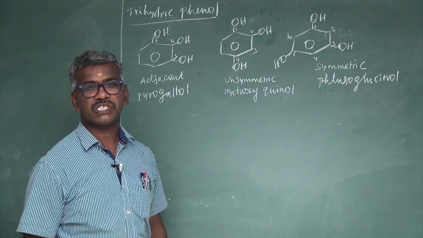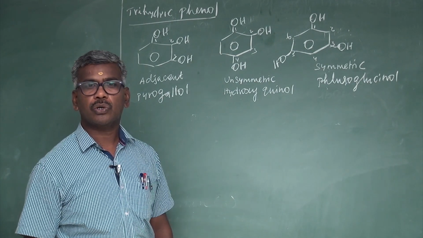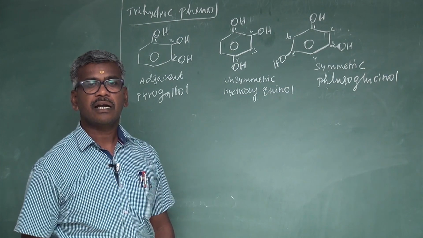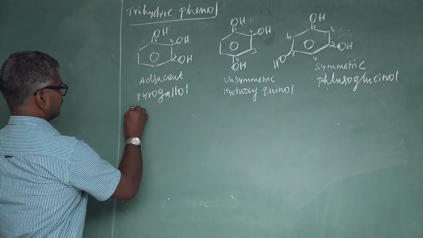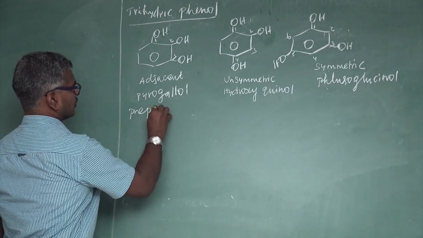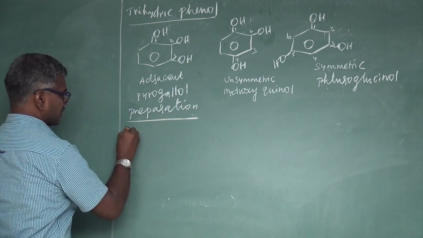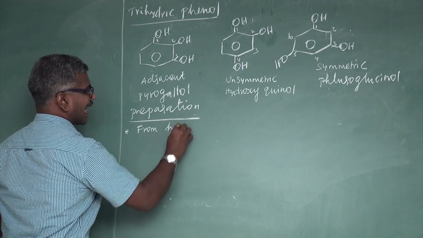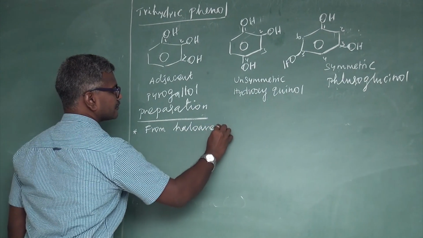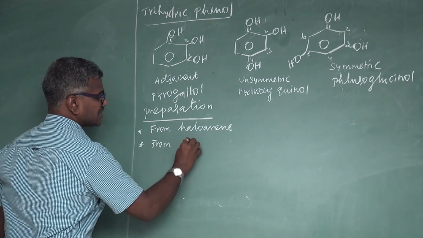These are the classification of phenol. Phenols can be classified into 3 types: mono, di, and trihydric phenol. Next is preparation. First method, from haloarene. Second method, from benzene.